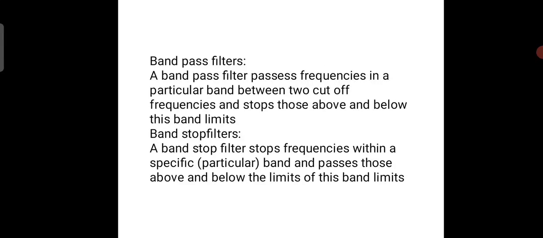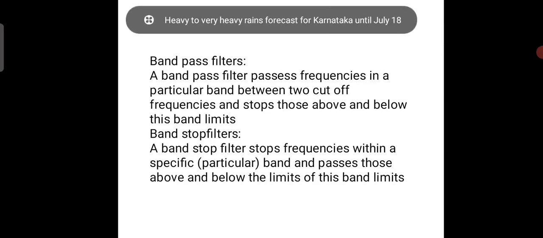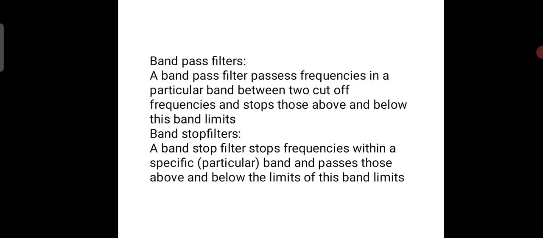Then comes the band stop filter. A band stop filter stops frequencies within a specific band and passes those above and below the limits of the band, which means it is the exact opposite of the band pass filter. In a band pass filter we allow the particular band, but a band stop filter neglects it, so there is no passing of frequencies in that particular band.